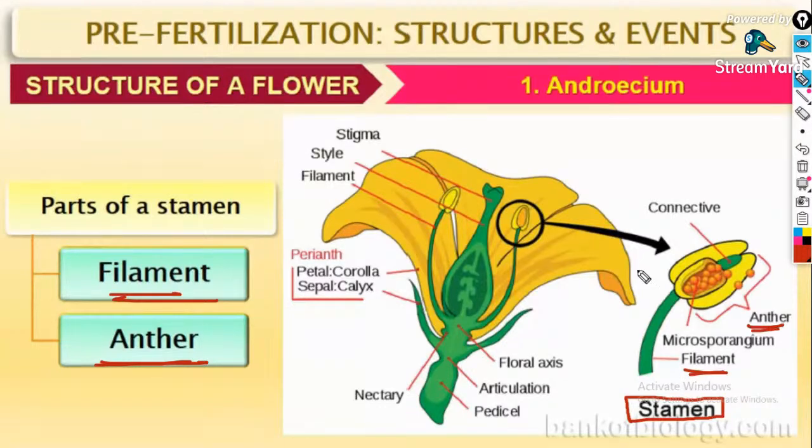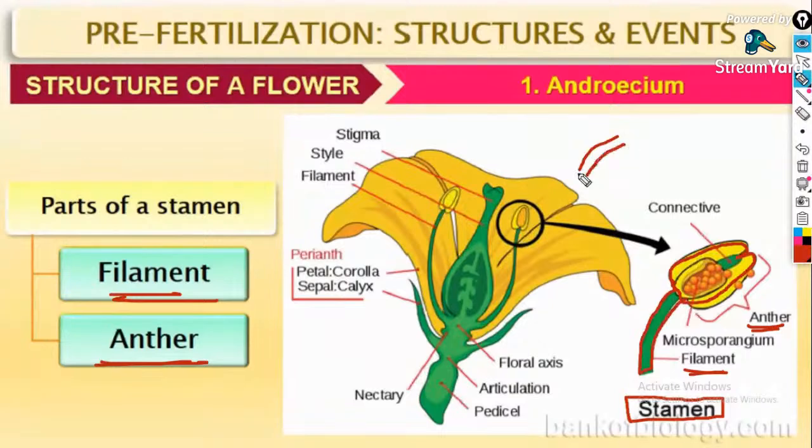The anther is this particular portion, the topmost portion, the bilobed structure. The long, slender, tube-like part you will call the filament.